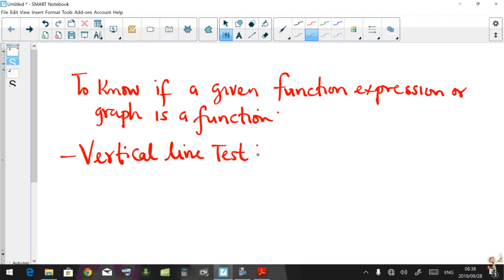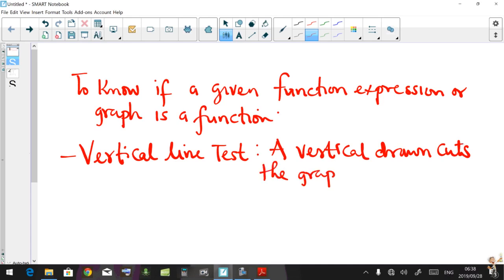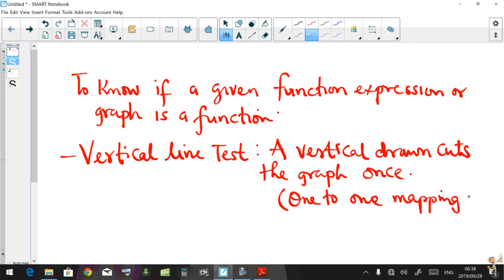This is where a vertical line drawn cuts the graph once, and basically this is known as one-to-one mapping.